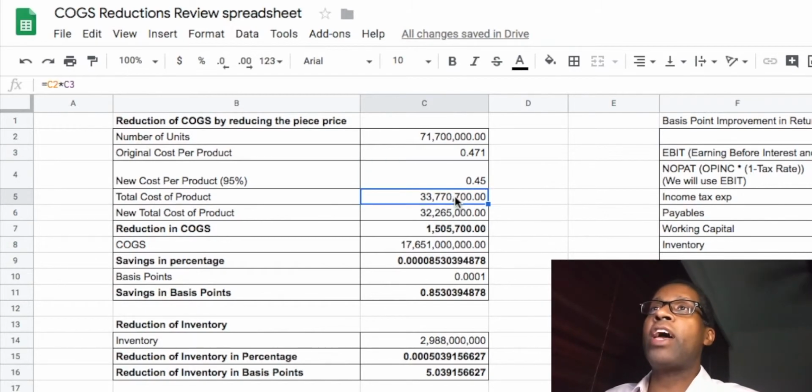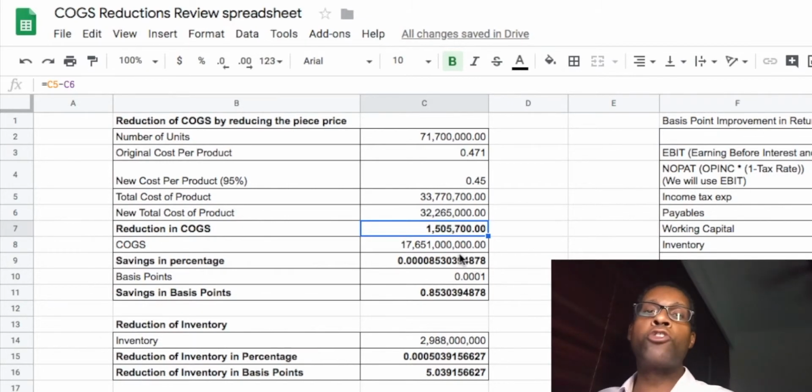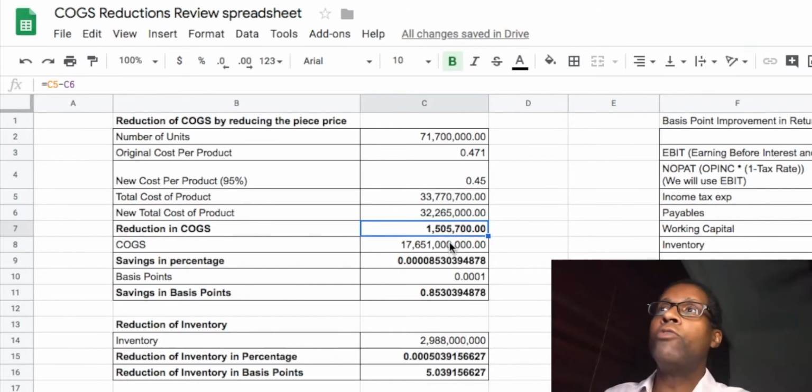What that would do is have the total cost of the product, which was originally $33 million, get reduced down to $32 million in terms of impact. That results in a reduction of COGS of $1.5 million. Now, our total cost of goods sold for Whirlpool in 2017 was $17.6 billion.